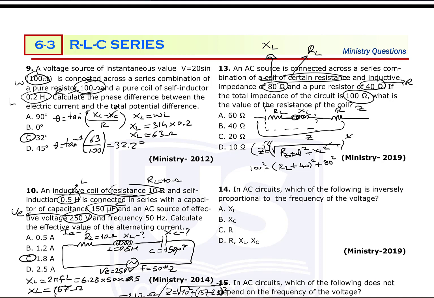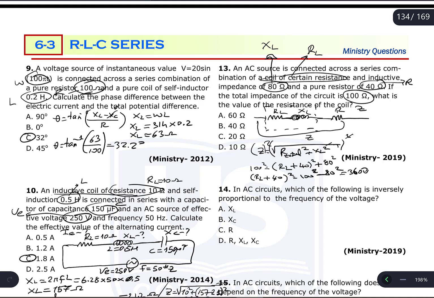So 100 squared, if I want to calculate RL, so RL plus 40 squared must be equal to 100 squared minus 80 squared. Now I'm going to use the calculator. 100 squared minus 80 squared is equal to 3,600.